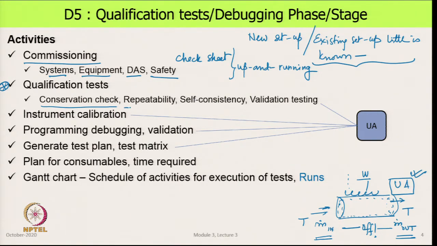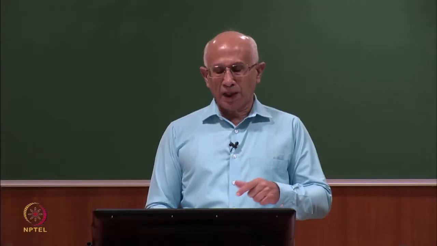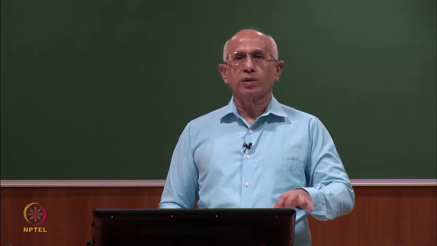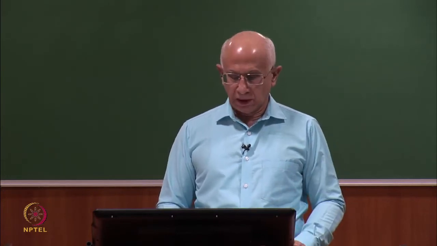The next type of tests that are done is called repeatability. So, it is not that we do the experiment once, get the data and we are done. We may do that later on when we do experiments, but at least for some cases we will come back maybe the same day, next day or a few days later and repeat everything exactly with what we did the first time.